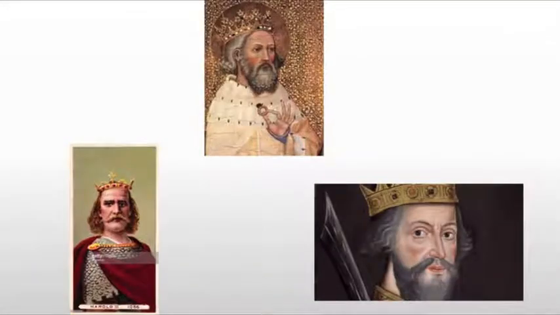And what we have is King Edward the Confessor, the Anglo-Saxon King of England at the top there. Then we have Earl Harold Godwinson, which we see on the left, and William of Normandy, known at this point as William the Bastard, on the right. So, how does this story happen?